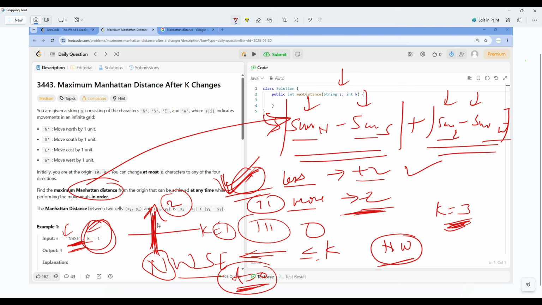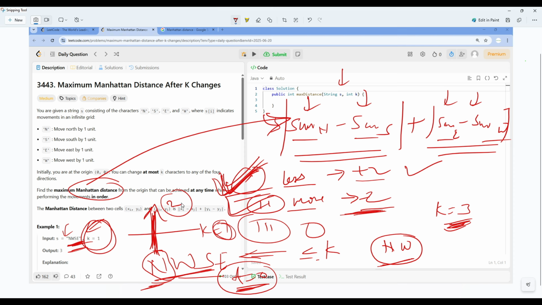Then step 2. This was your very first step, right? In step 2, we modify the letters with fewer occurrences in the horizontal direction. If the number of such letters exceeds the remaining count, say k is 1 but there are more such letters, then we modify only t of them, or all of them if fewer.